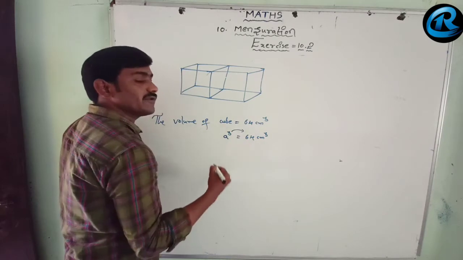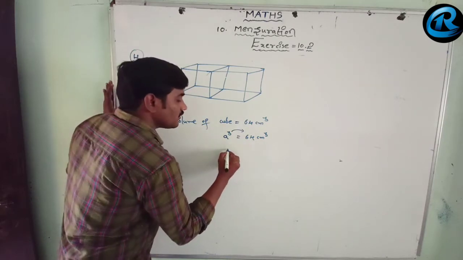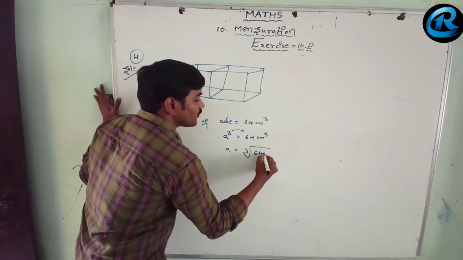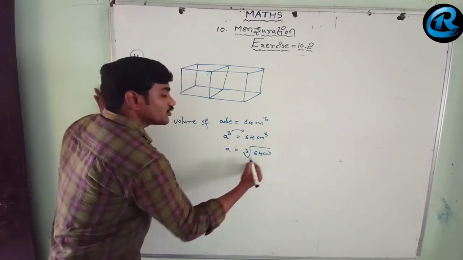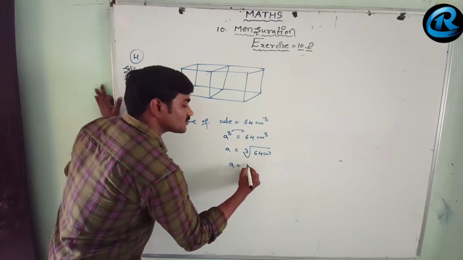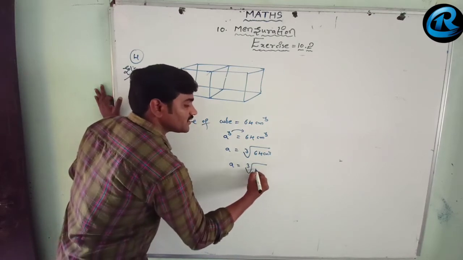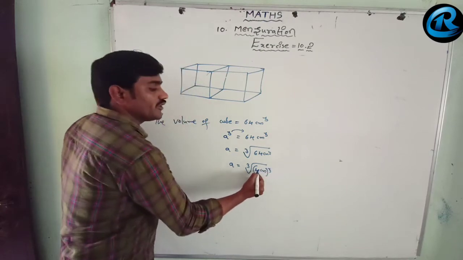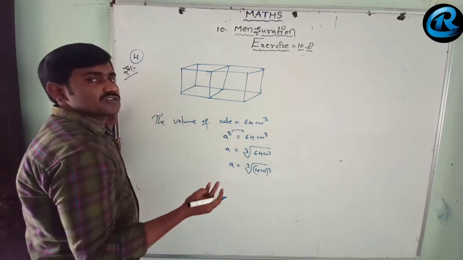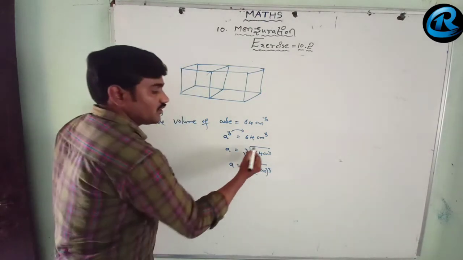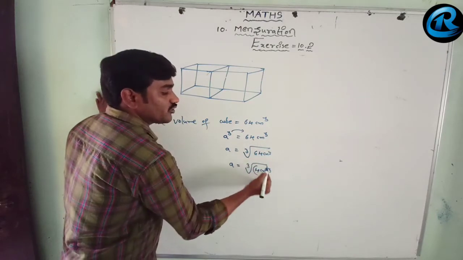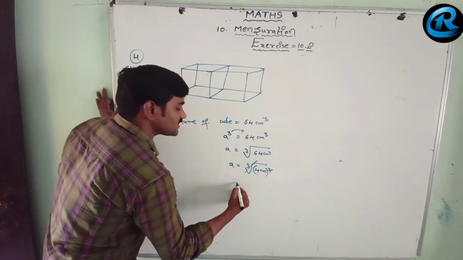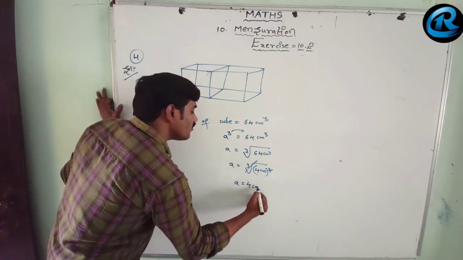If you transfer the cube, it becomes a cube root. So a equals cube root of 64 centimeter cube. The cube root of 64 is 4 centimeter, since 4 into 4 into 4, 4 fours are 16, 16 fours are 64. So 64 centimeter cube we can write as 4 centimeter whole cube. The cube and cube root cancel, and a equals 4 centimeter.